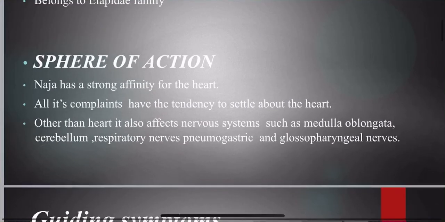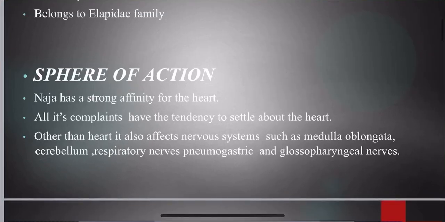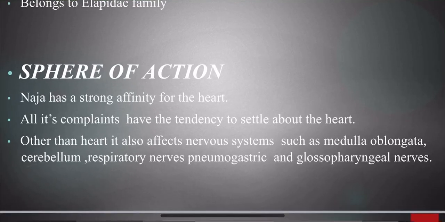The sphere of action of Naja tripudians. Naja has a strong affinity for the heart. All its complaints have the tendency to settle around the heart. So predominantly, where does Naja act? It acts upon the heart.